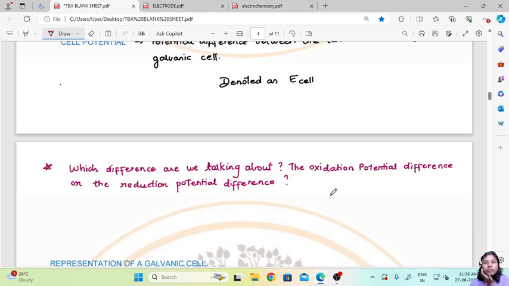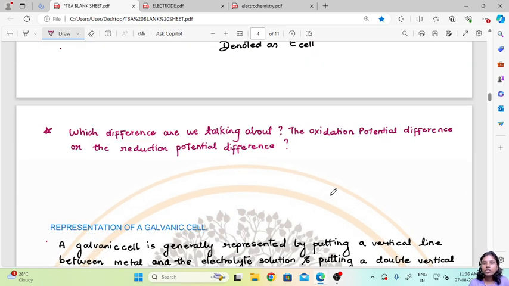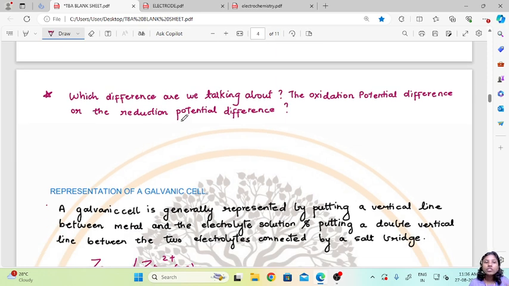Now when we looked at standard electrode potential, we were looking at the oxidation potential and the reduction potential. The next question is, which cell potential are we talking about in this case, oxidation or reduction? Which difference are we talking about, the oxidation potential difference or the reduction potential difference? In standard electrode potential, we had both of them separately.